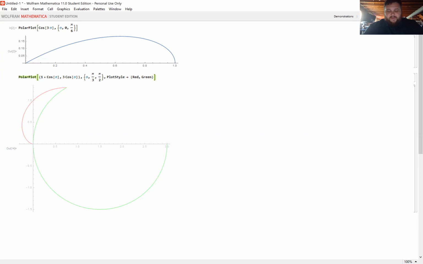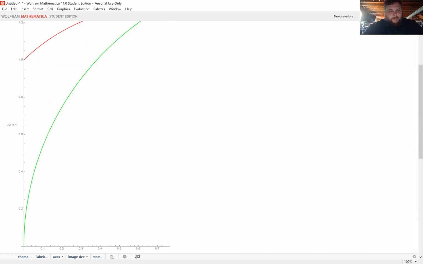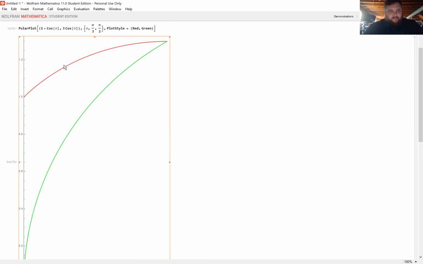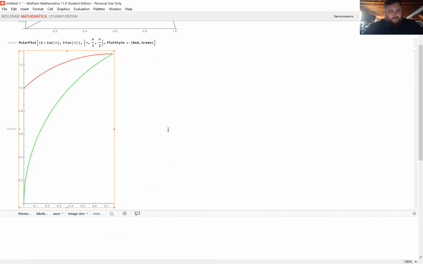So we just said pi over 2. So now if we look at the graph, let's maybe shrink it a little bit here. Now we can see the circle starting at pi over 3 gets us back to the pole for pi over 2.